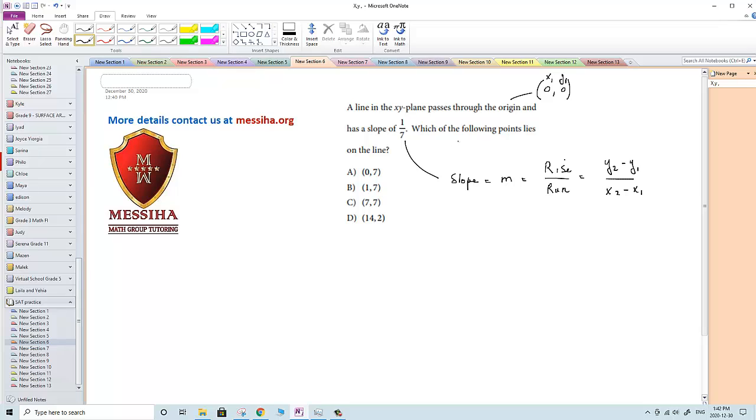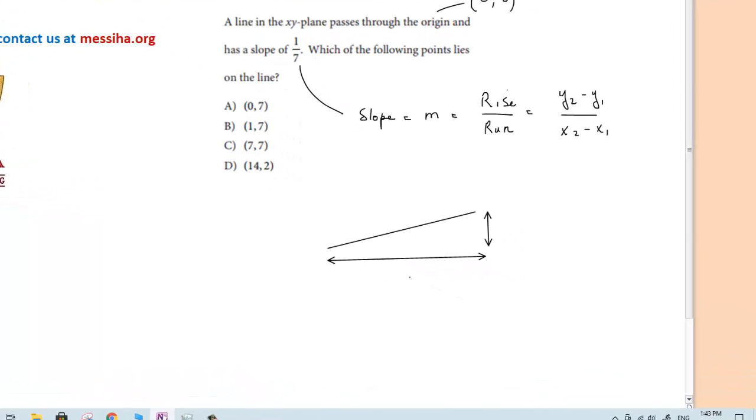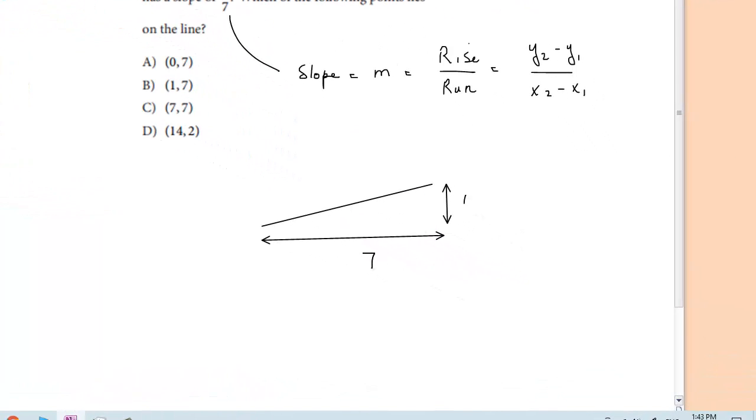So first of all, I'm going to find something very important. If I want to draw this line, I see the slope is positive. That means the line is going up, with a rise of 1 and a run of 7. So this is 1 over 7, and it's going up because of the positive sign.